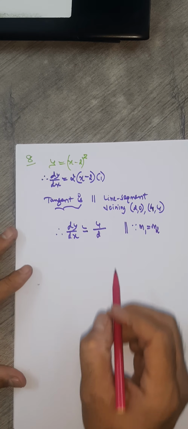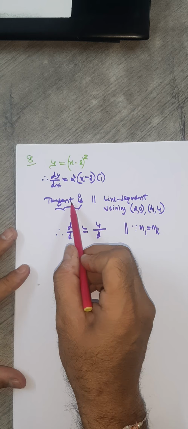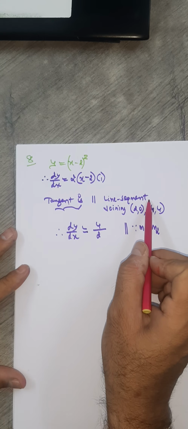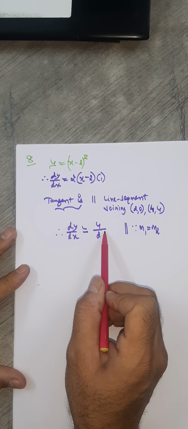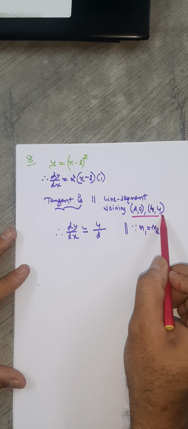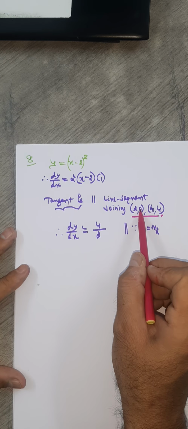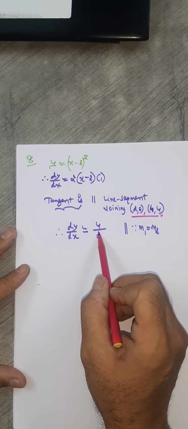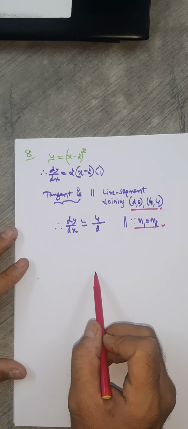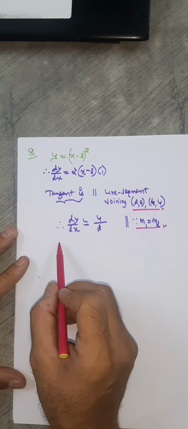You did the same thing in the previous question also. There the tangent was parallel to the x-axis and you knew the slope of the x-axis is 0, so you placed 0. Here you got the slope with these 2 points. I've used m1 equals m2 because you are given parallel.